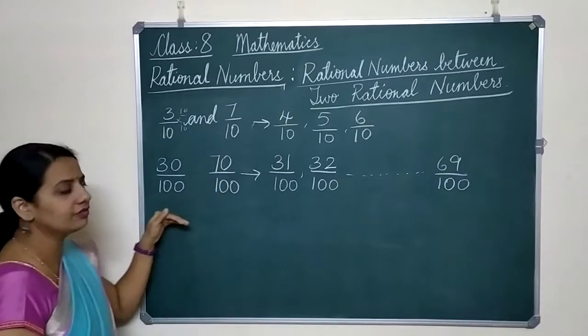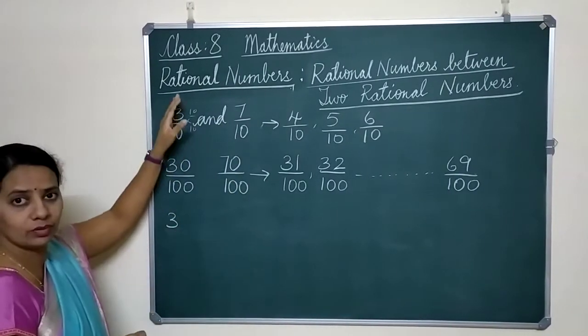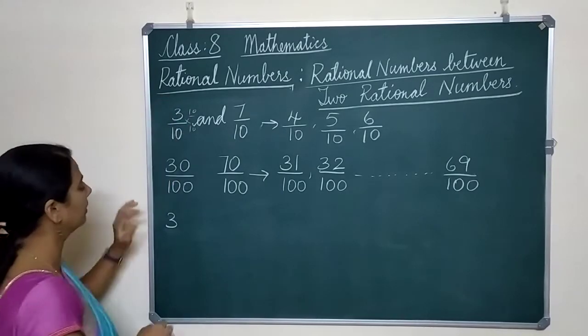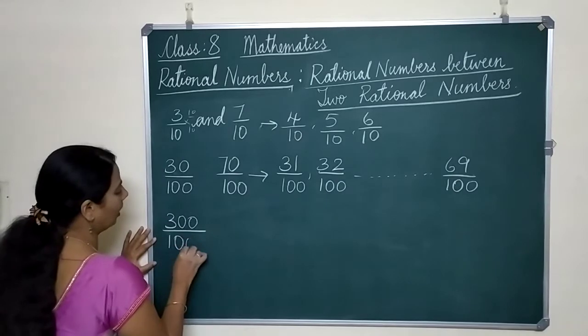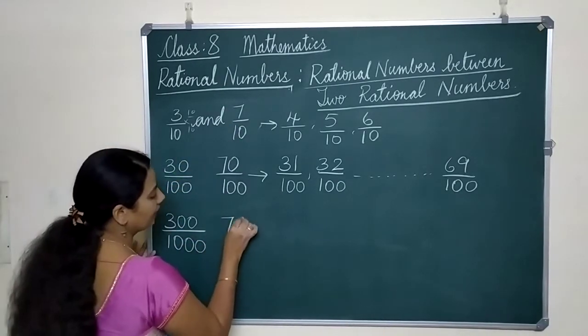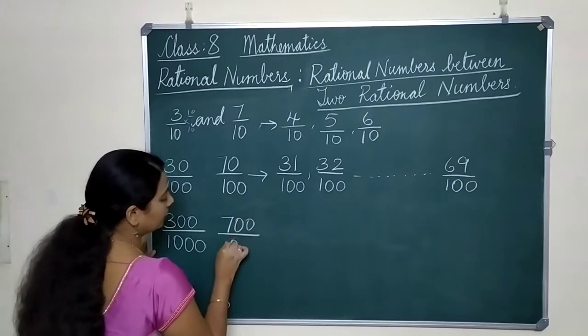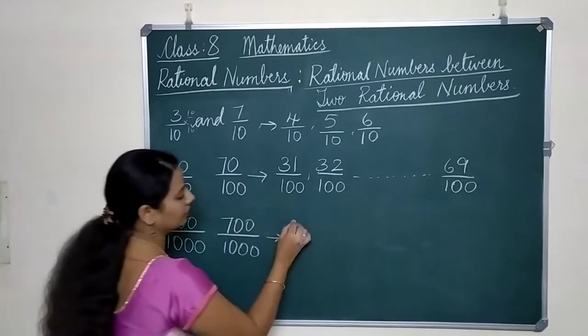The same way, if I take 3/10 and multiply both numerator and denominator by 100, it becomes 300/1000. And this 7/10 can be written as 700/1000. Now in between, how many numbers are there? We have to start like this.